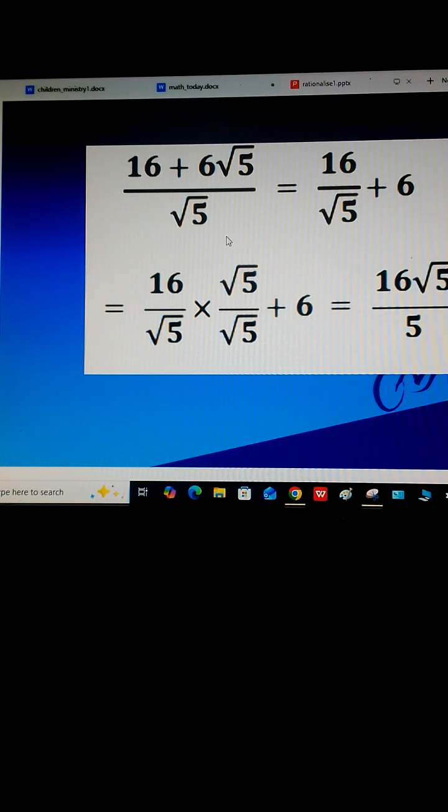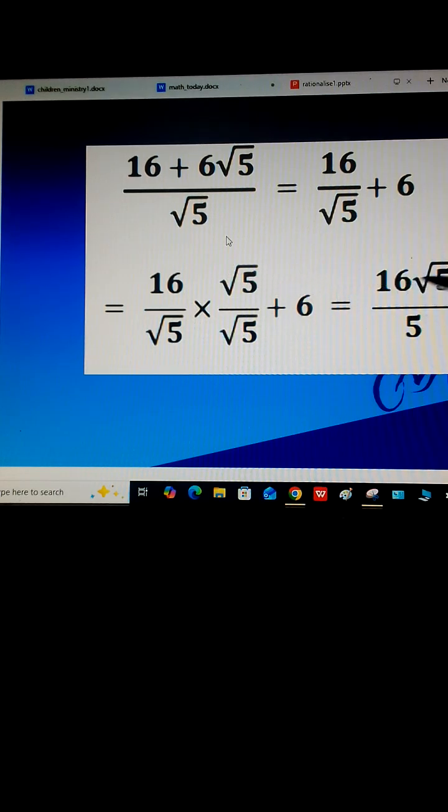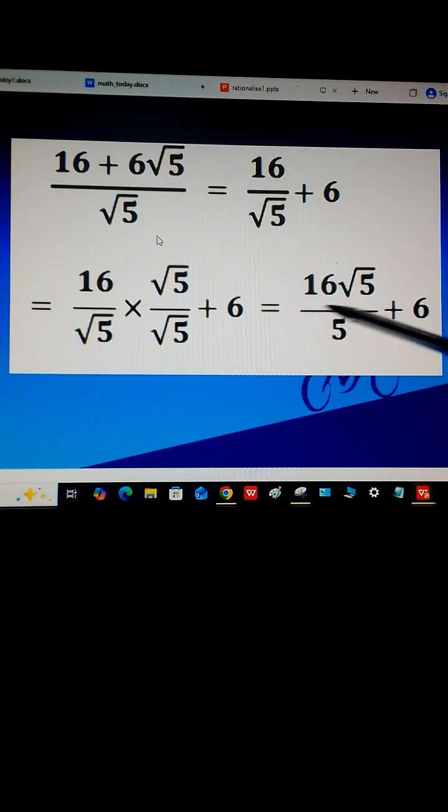So what we do, we multiply the numerator and denominator by root 5. 16 times root 5 is 16 root 5, divided by root 5 times root 5 is 5. Alright? Then plus 6. So that is the answer, which is of the form a plus b root c.